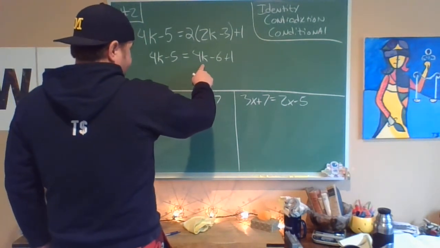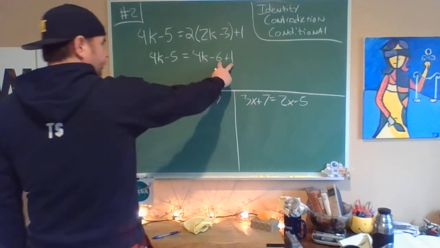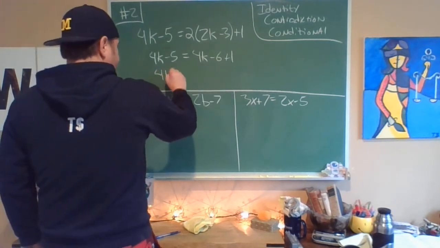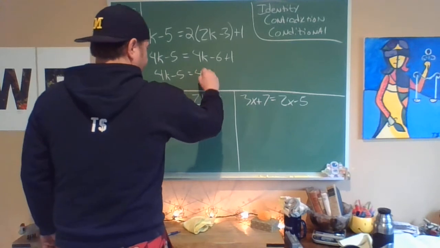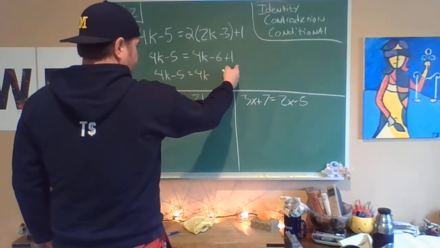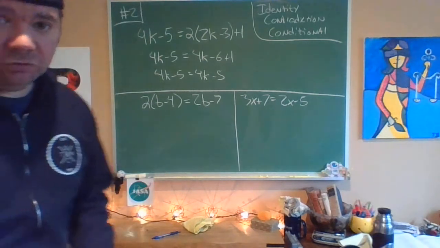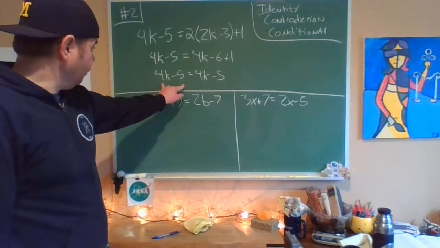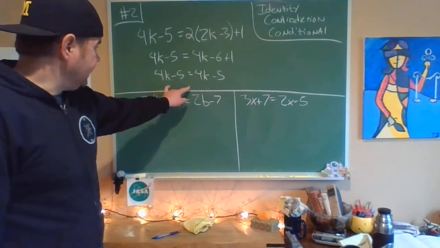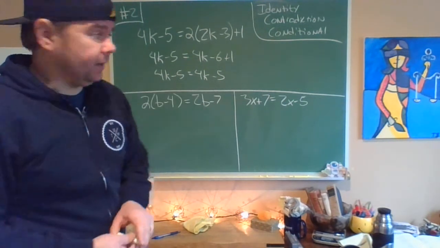If I combine like terms over here first, negative 6 plus 1 is negative 5, right? If I just leave it like this, you've got 4k minus 5 on the left side, and 4k minus 5 on the right side.